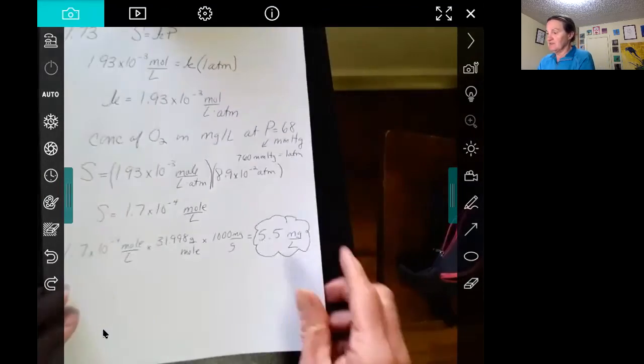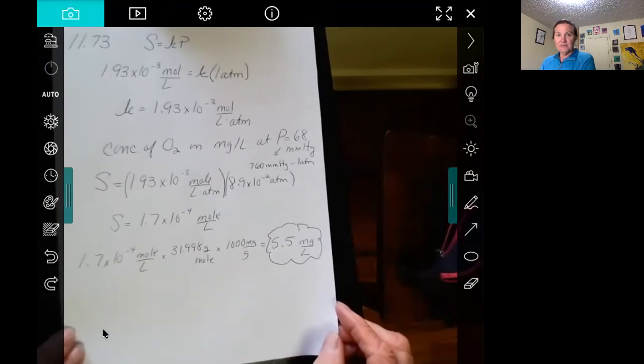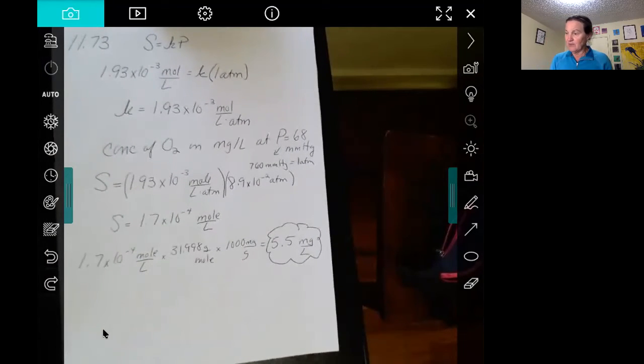Just one more, also fairly easy problem out of this chapter. This chapter isn't full of new ideas, just some new definitions. So 11.73 asks us to think about the solubility of a gas in a liquid.